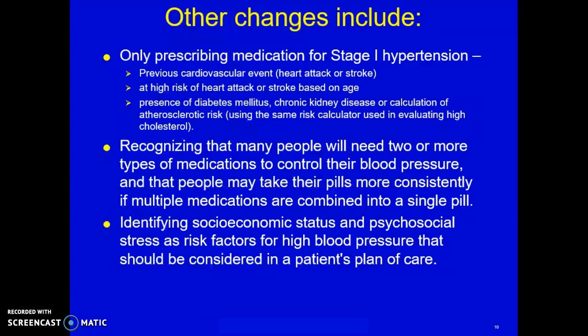And then another change is recognizing that many people will need two or more types of medications to control their blood pressure. I think they used to start people on just one, and they might be on that for a long period of time and having it adjusted, and it might not get them under control. The key here is they really want to make sure that people get on what they need.